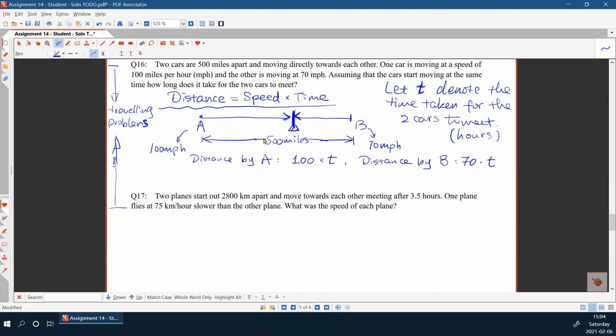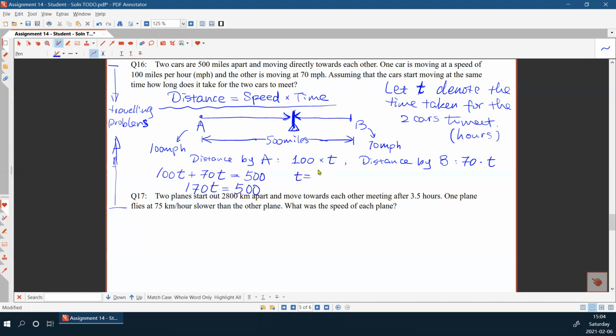Because initially they are 500 miles apart. So that means 100t plus 70t equals 500 miles, correct? Okay, and then according to this formula, 170t equals 500.